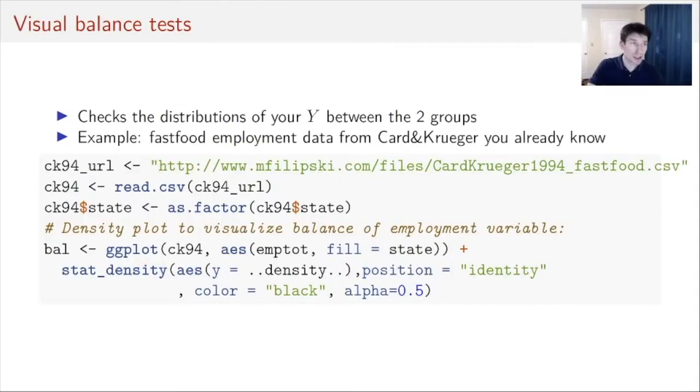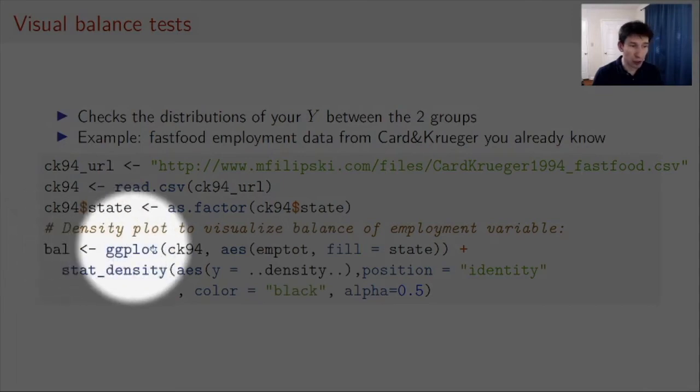You can also run some visual balance tests. In that case, you might try to look at the distributions and see that the distribution of your y variable, for instance, is the same between the two groups. So here is some code that does that with the fast food employment data that you worked with in your homework from the Card-Krueger paper that you're familiar with.